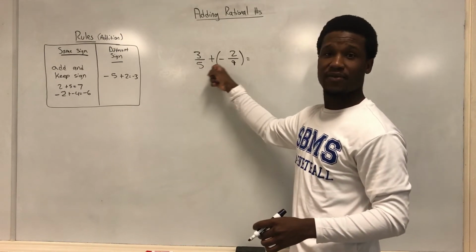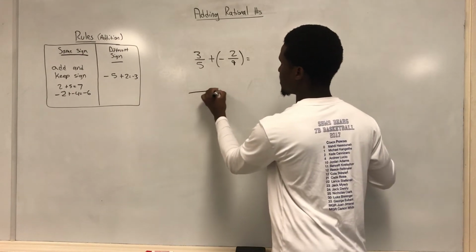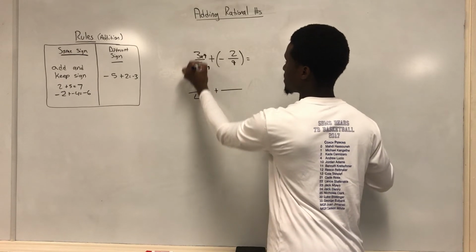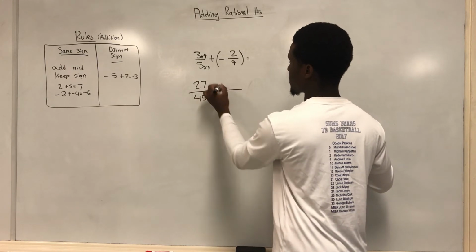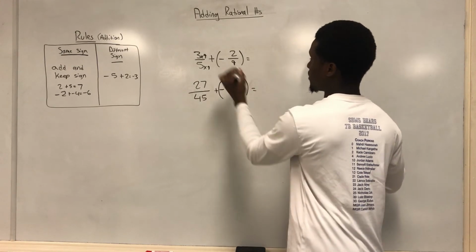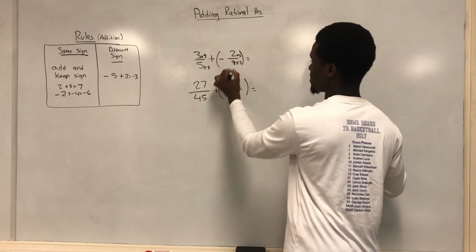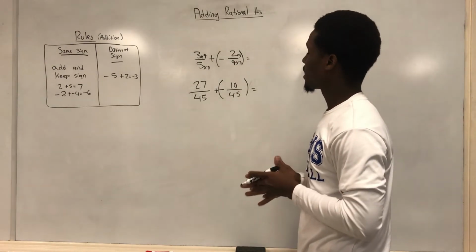I know that 5 and 9 have the number 45 in common. So my common denominator is going to be equal to 45. So times 9, this is 27. And then I have to remember that this is a negative here. Then times 5, times 5. So that's 45, and this is 10. My denominators are the same, which is perfect. This is exactly what I need.